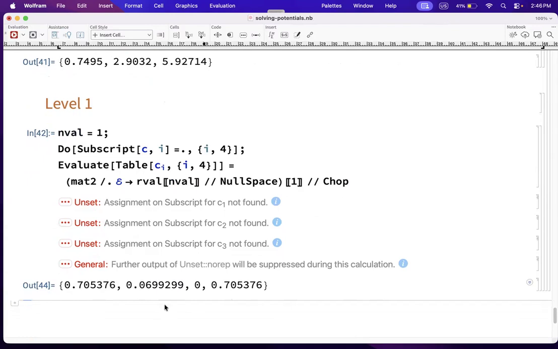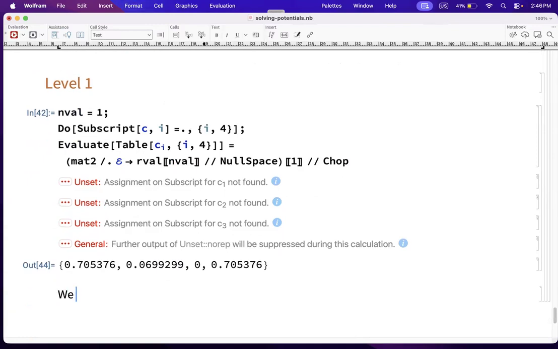Now we need to normalize the wave function to get the normalizing constant for this wave function, psi of x, right?